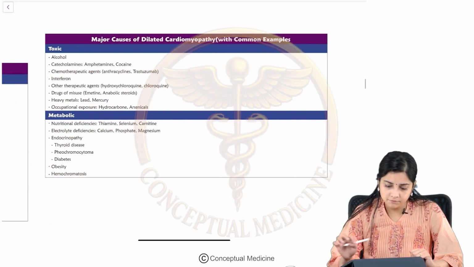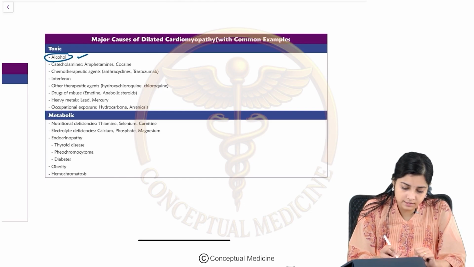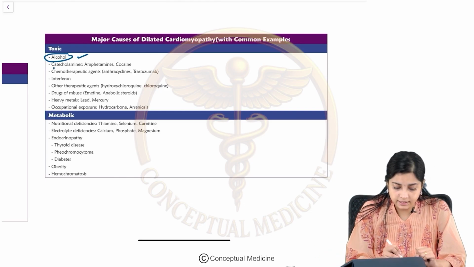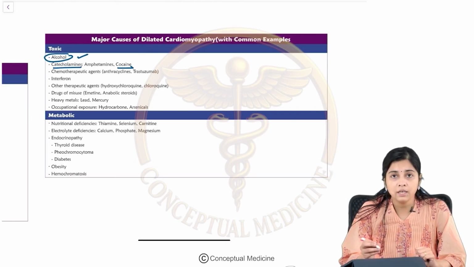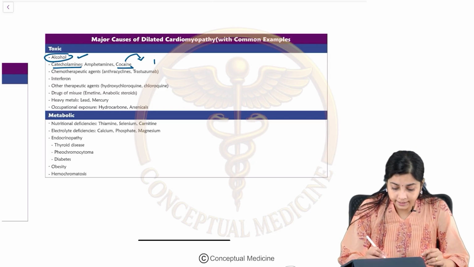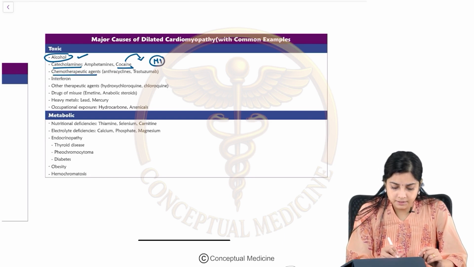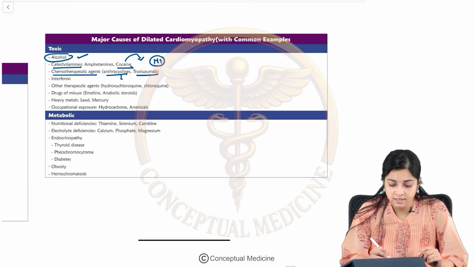Let us look at some of the toxins which cause dilated cardiomyopathy. Very, very important is alcohol. Apart from that, catecholamines, cocaine, right? So many a times you would have seen that cocaine, the patients who abuse cocaine can actually present similar to an MI. Chemotherapeutic agents, so very, very important are the anthracyclines and trastuzumab.